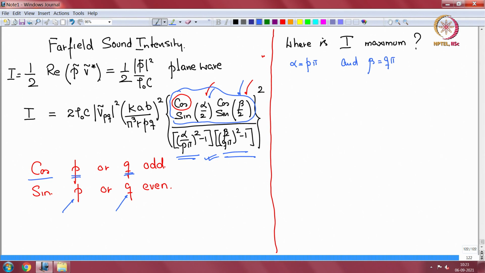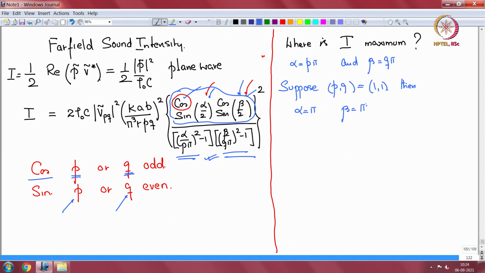But remember, suppose we choose the 1-1 mode, P comma Q equal to 1 comma 1. Then P is odd and Q is odd, so both places I should choose the cosine, and alpha is now equal to pi and beta equal to pi.